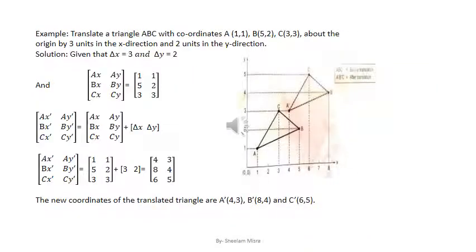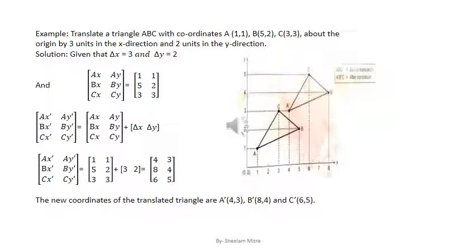Let's take an example. Translate a triangle ABC with the coordinates A 1, 1, B 5, 2, C 3, 3 about the origin 3 units in x direction, 2 units in y direction. So we have delta x 3, delta y 2. We have the matrix Ax, Ay, Bx, By, Cx, Cy equal to 1, 1, 5, 2, 3, 3.